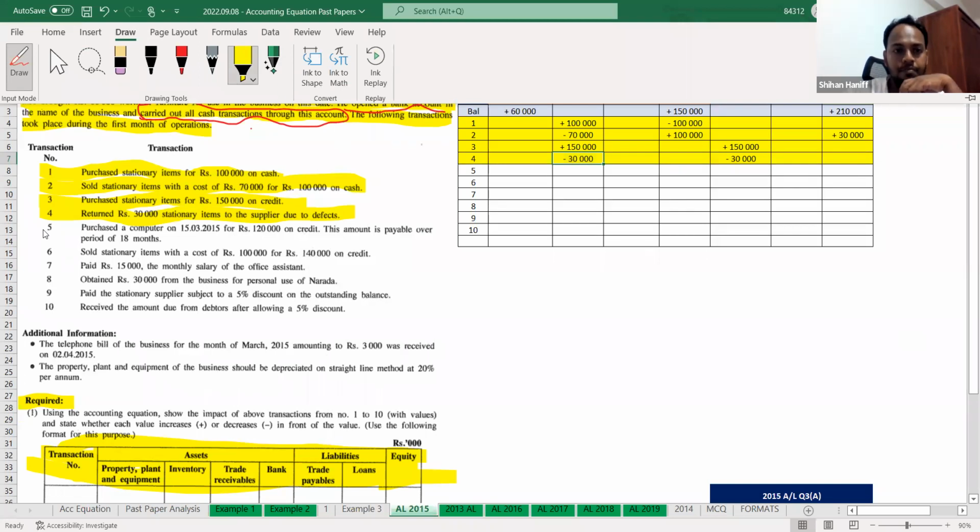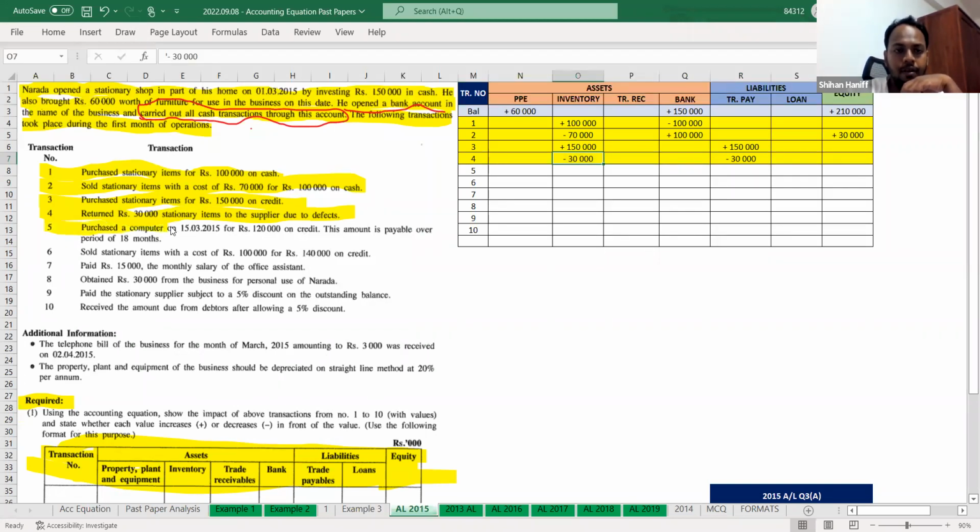Number 5. Purchased a computer on 15th of March 2015 for 120,000 on credit. This amount is payable over a period of 18 months. So why have they given a period of 18 months? The reason is it's a long-term loan, and this is not inventory.